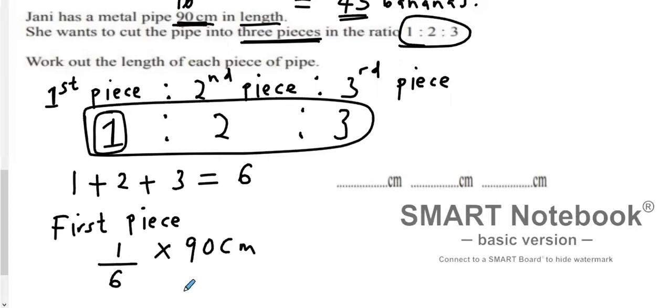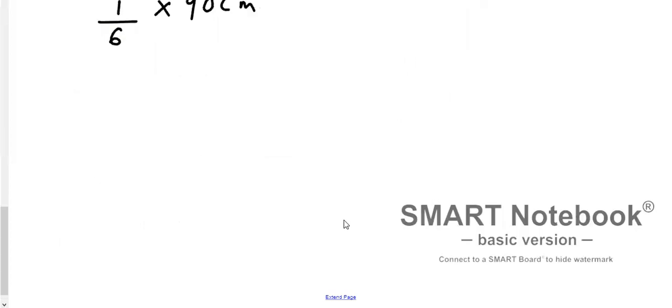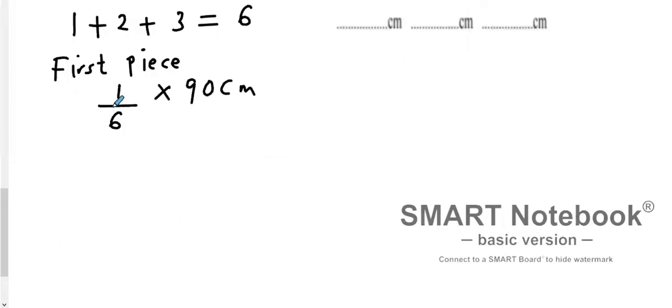See that? From here, you need to do some calculations. First piece will equal 1 by 6, 90 divided by 6 will be 15. So 1 times 15, you'll be getting 15 centimeters.